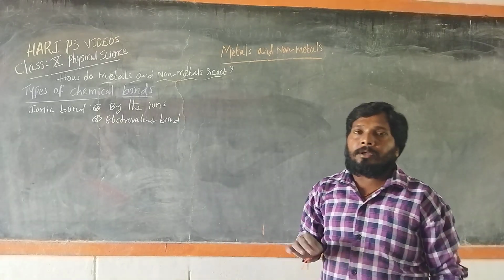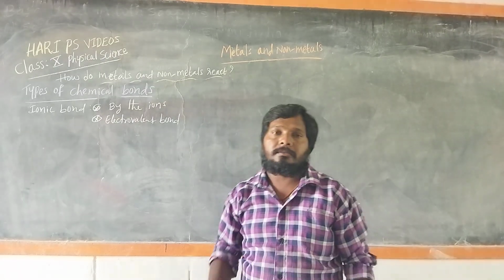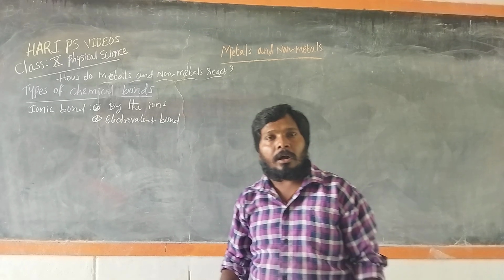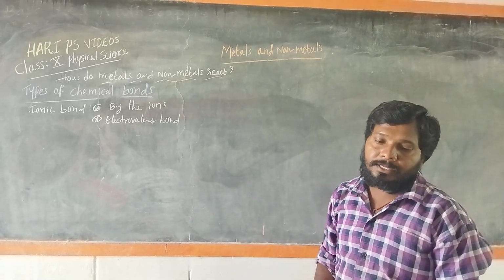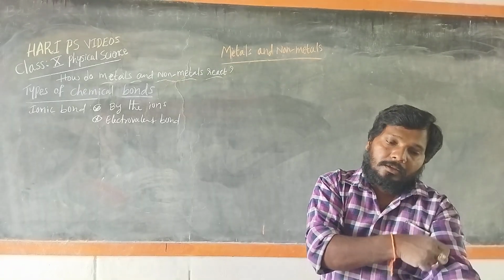Let's understand the formation of ionic bonds between sodium and chlorine, magnesium and chlorine, and magnesium and oxygen, using Lewis electron dot structures.